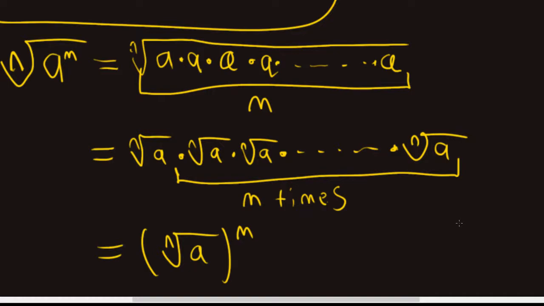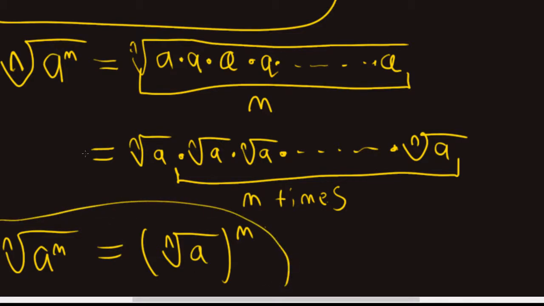So we have shown that the nth root of a to the mth power is equal to the nth root of a raised to the m power. It's a little confusing, but it's a lot clearer when you just see that difference. We now know that that's true.